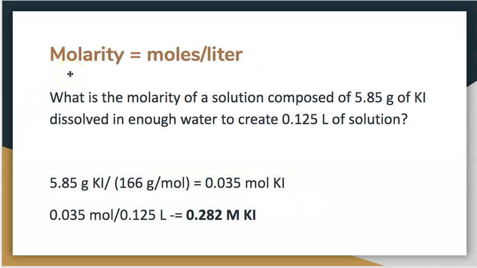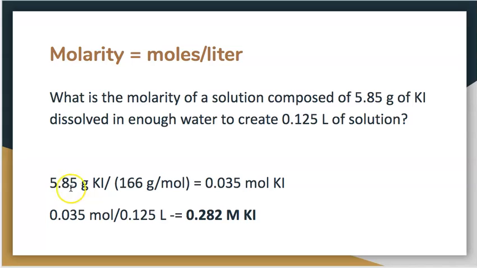Remember, we measure molarity as moles divided by liters. So if I give you a problem like, what is the molarity of a solution composed of 5.85 grams of KI, potassium iodide, dissolved in enough water to make 0.125 liters, I need to get moles divided by liters. Right now I know grams, and I know liters, and you already know how to turn grams into moles. So we'll use the molar mass of KI.